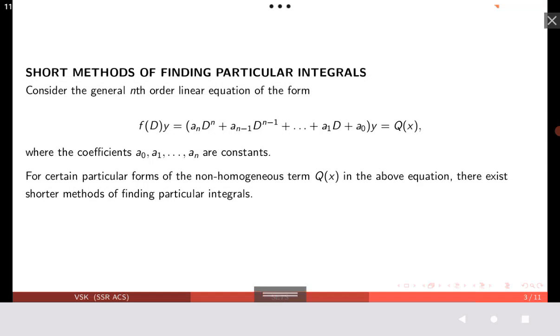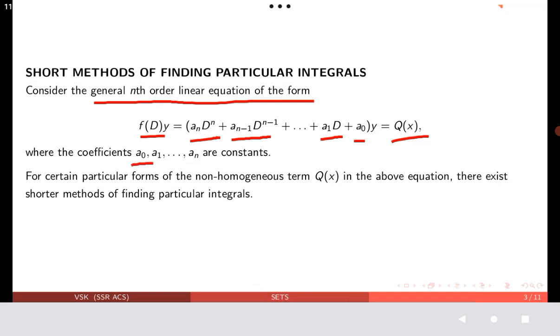So consider the general nth order linear equation of the form F(D)y, where F(D) is equal to a_n D to the power n plus a_(n-1) D to the power n minus 1 and so on, plus a_1 D plus a_0, y is equal to Q(x), where the coefficients a_0, a_1, ..., a_n are constants. And what is meant by D?